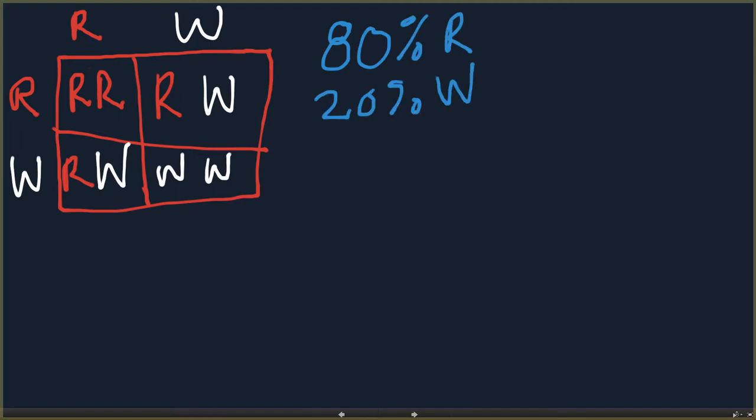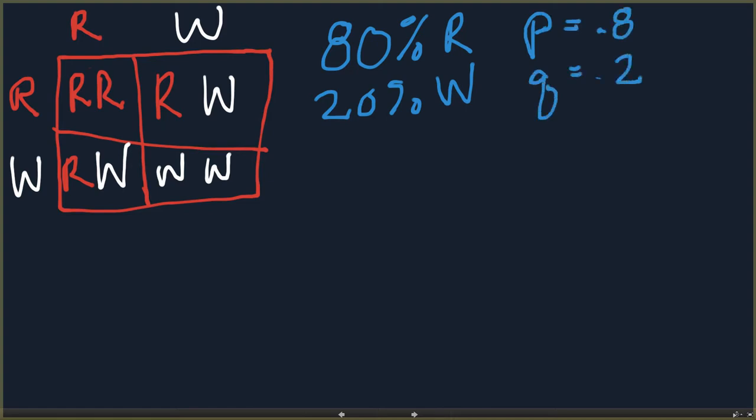We can take a look at the frequency of alleles. 80% of the gene pool has a red gene, 20% of the gene pool has a white gene. So that means our p is going to be 0.8 and our q is going to be 0.2.